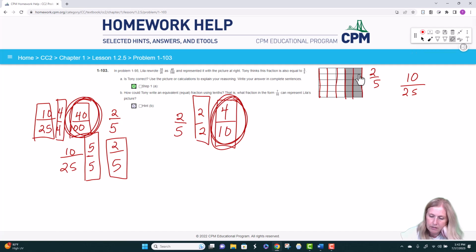Okay, now let me show you how we can make this out of 40/100ths. So right now there are 5 columns. I'm going to draw a line in between here, and I have just doubled the amount of columns there are. Sorry, that's not perfectly straight, but there's 1, 2, 3, 4, 5, 6, 7, 8, 9, 10.